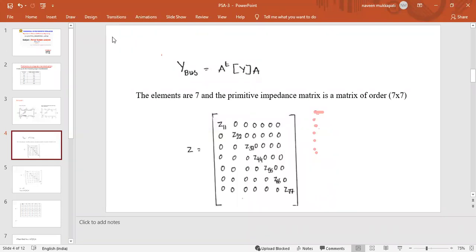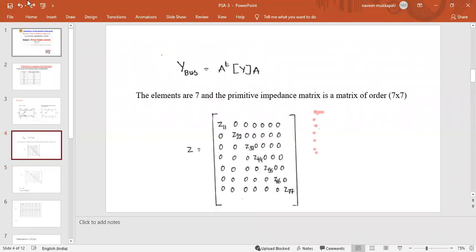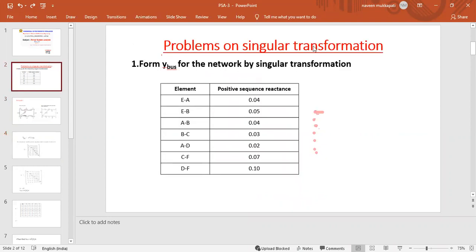First of all, what is the value between E and A? E to A is 0.04.